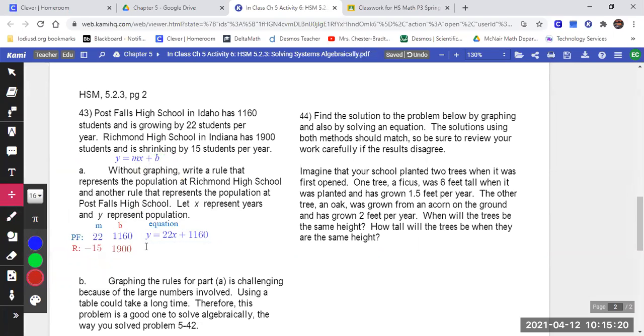Okay, so what's Richmond's going to be then? Y equals what? What's its growth?